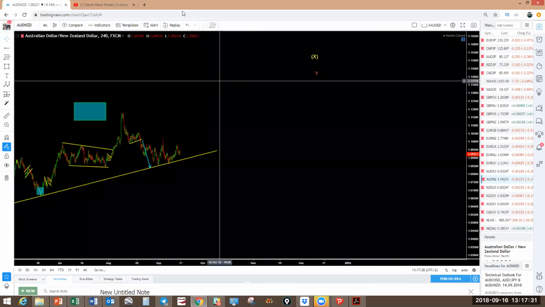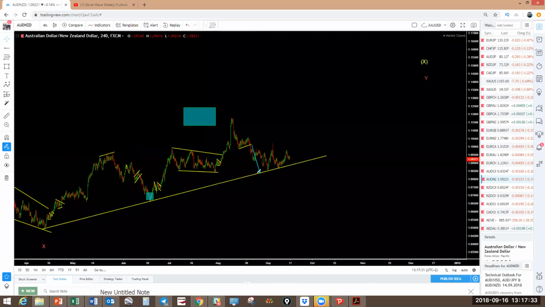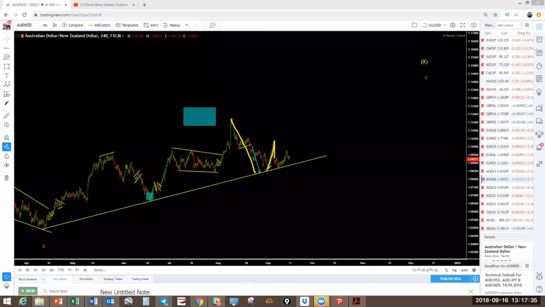On the 4 hour, this is the move that we traded. We traded this move, so now we're getting this correction here. So the correction, we need to see what it unfolds as. If it gives us something like this around this level, we know that we're going to get this move. So sideways in the next couple of sessions.